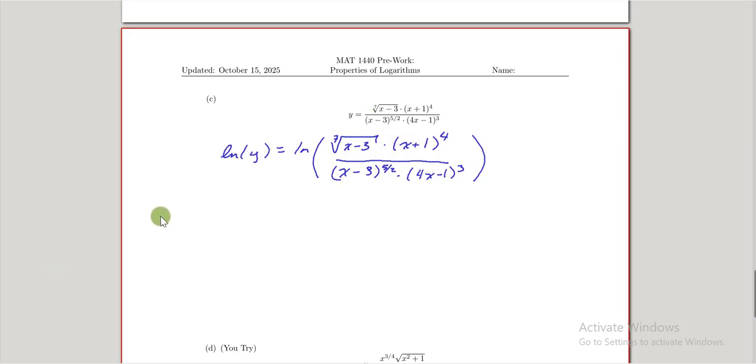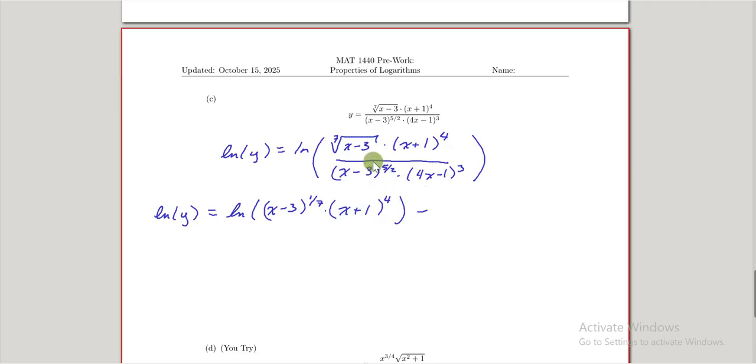Now that actually makes my left-hand side to this equation just a little bit messier. It's now got a natural log where it was just a y, but it enables me to clean up this messy expression using properties of logarithms. The big picture is I've got the natural log of a quotient, so let's use that quotient difference property, where I'm going to write this as, in fact, as I go, I'm going to go ahead and simplify that root as x minus 3 to the 1/7 power times x plus 1 to the 4th power.